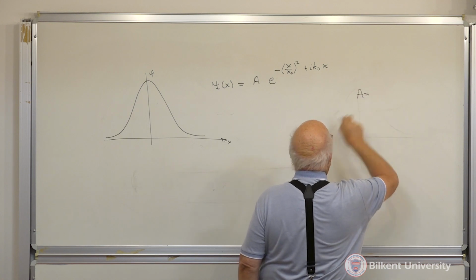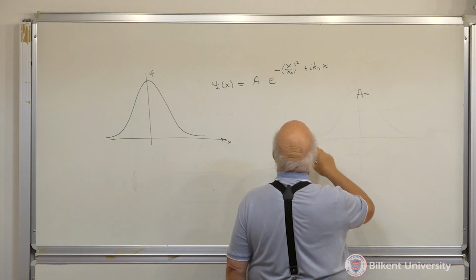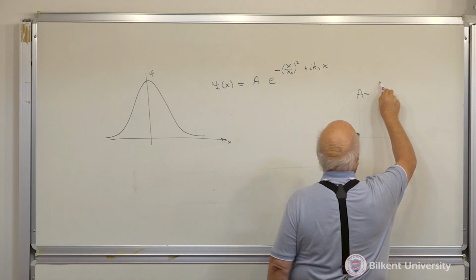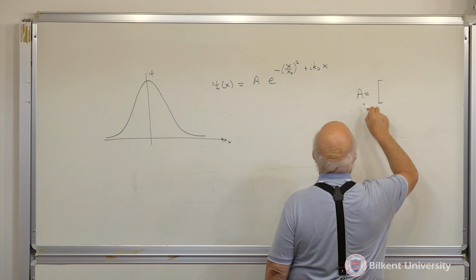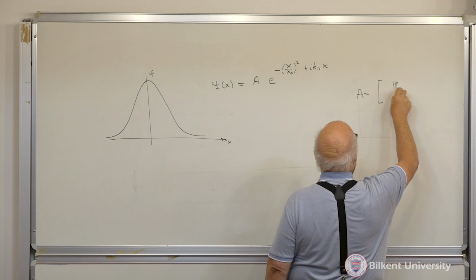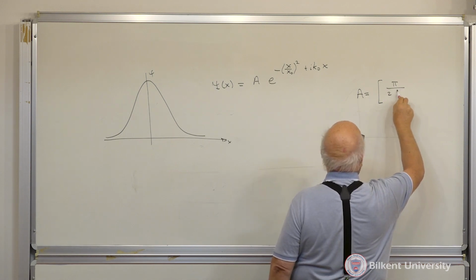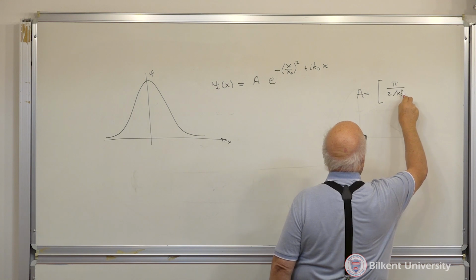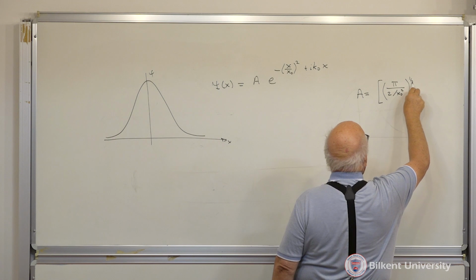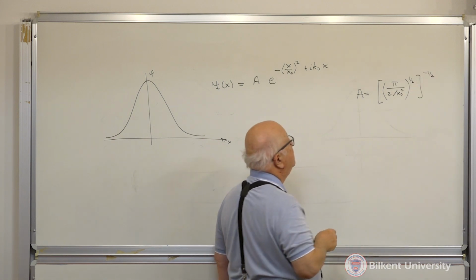We get A is equal to, check my algebra, when I evaluate the integral, I'm going to get the square root of pi over the coefficient, so it's going to be 2 over x0 squared, square root, but we really want minus a half power of that.